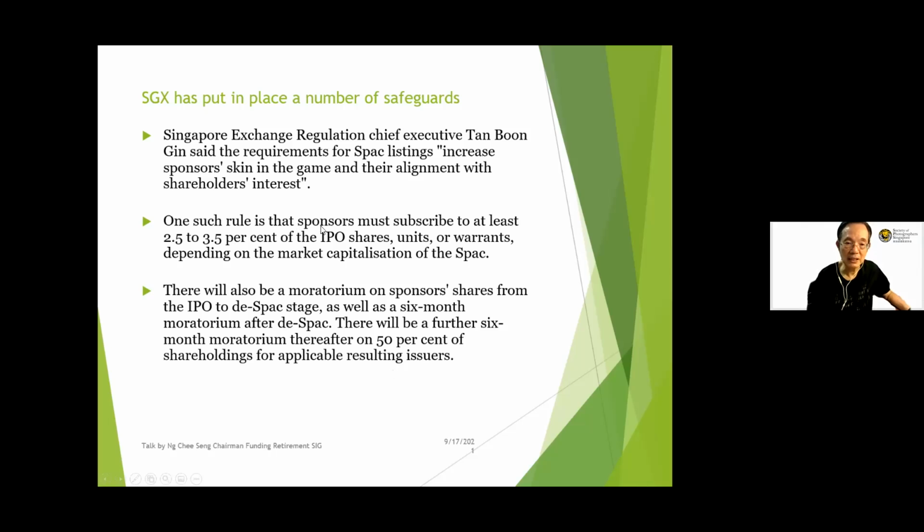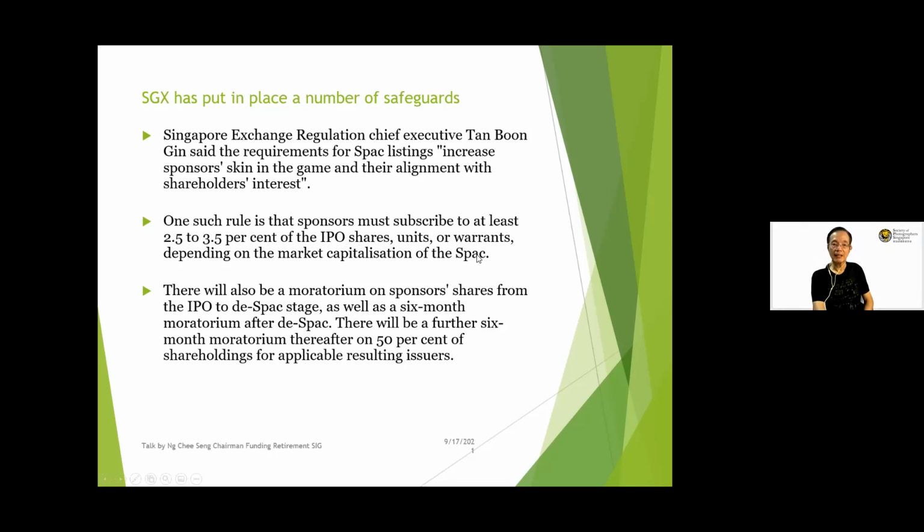One such rule is that the sponsor must subscribe to at least 2.5 to 3.5% of the IPO shares, units or warrants, depending on the market capitalization of the SPAC. That means in order to make sure that the sponsor management team also expresses their trust in such a structure, they must subscribe 2.5% to 3.5% of the IPO share units, depending on the size of the market of the SPAC.